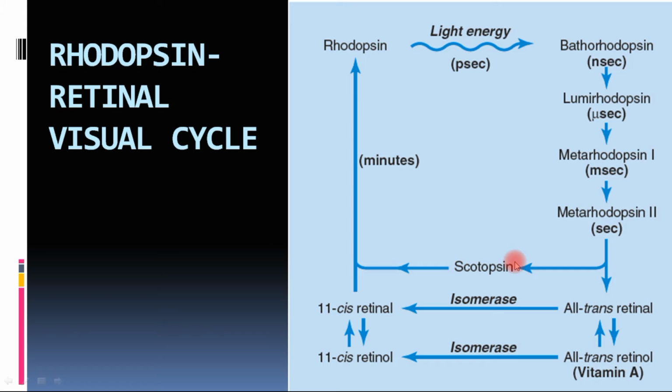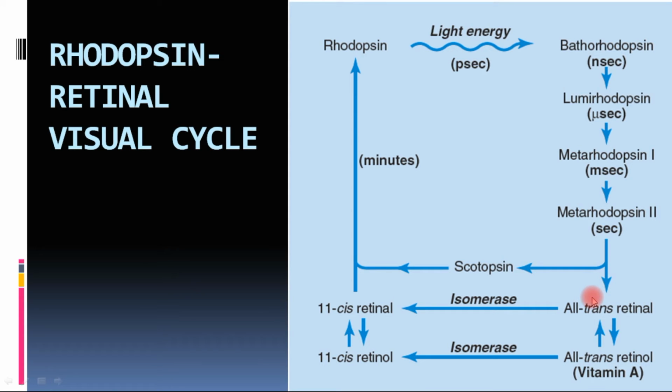Once again, rhodopsin is present on the cell membrane, made up of scotopsin and 11-cis retinal. Whenever light falls on rhodopsin, it is converted into bathorhodopsin, lumirhodopsin, metarhodopsin 1, metarhodopsin 2, and then splits into all-trans retinal and scotopsin.